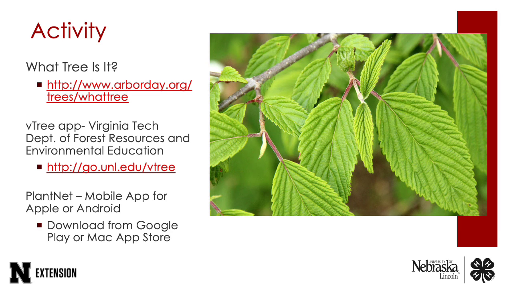For the major common trees, this would be a fun key to work through to identify a plant. Now, Virginia Tech also has an app that you can download on your phone that can help with tree identification. So it's called vTree, and if you'd like, you can check that out.